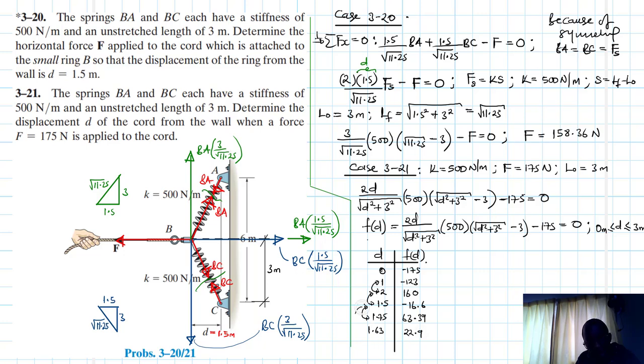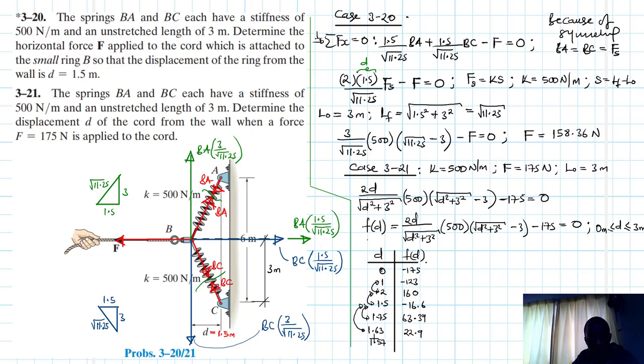Alright, so again we can iterate between the two. 1.5 plus 1.63, average of the two divided by 2. So let's say we have 1.57. 1.57 squared plus 3 squared, 11.46, okay, 11.47.